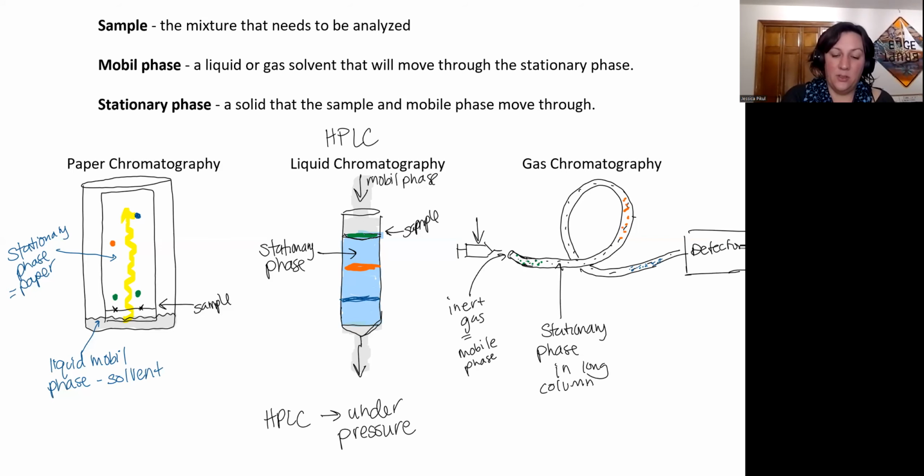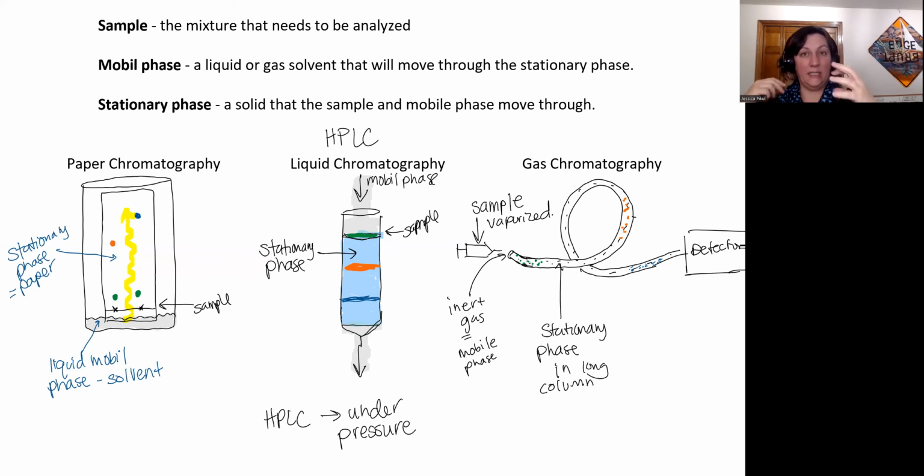And then our sample will be injected and vaporized. So our sample will now be a gas, and it will be flowing through a very long, thin column that's coated or has beads that are coated with a specific compound to make it either polar or nonpolar. And it'll flow through that column with inert gas as the mobile phase that's pushing it through.